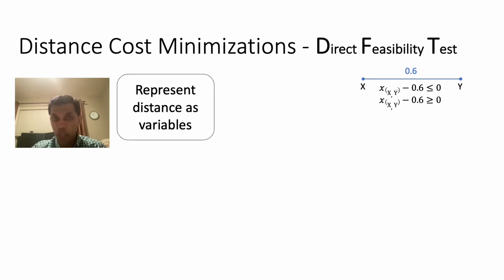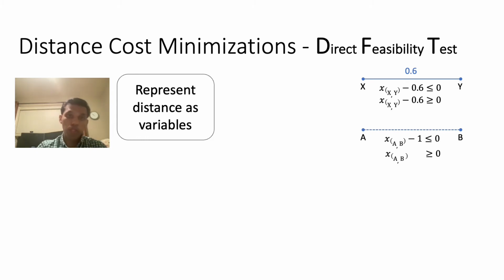Now we introduce a new variable xy, and we put that in the equations as xy minus 0.6 less than or equal to 0, and xy minus 0.6 greater than or equal to 0. If you do not know the distance between two objects, let's say objects a and b, you introduce a variable xab, and then you introduce the bounds in the equations like xab minus 1 less than or equal to 0, and xab greater than or equal to 0.